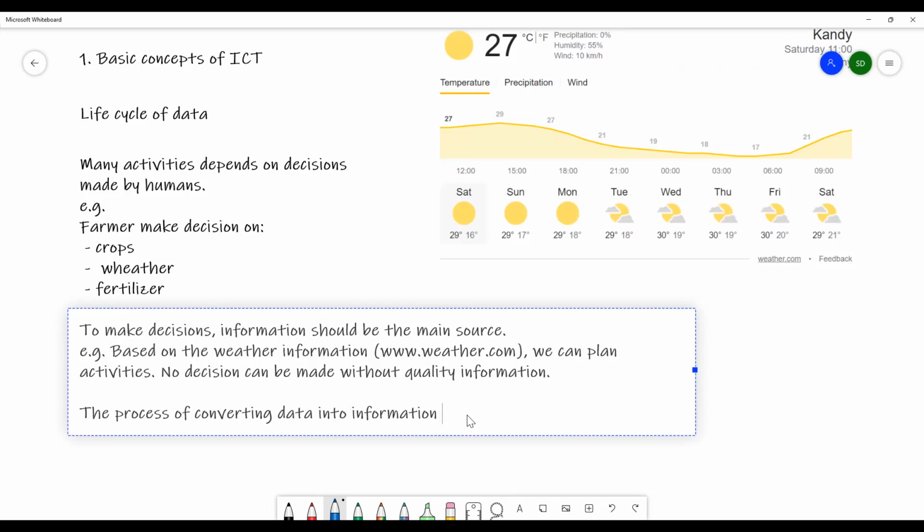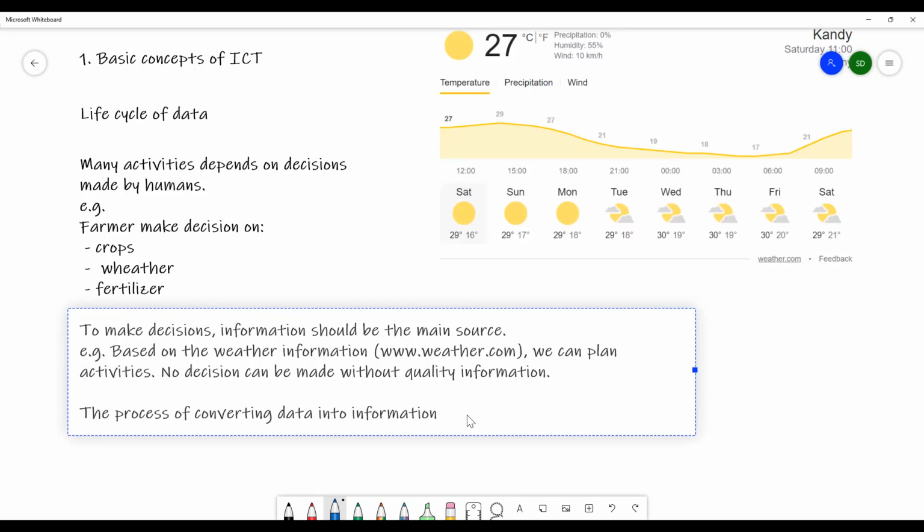But if you say tomorrow's weather, that will be information. So data as it is are useless, we say, but information is useful. If you say wind direction is towards north, it's nothing to me. But if you say that tomorrow is a rainy day, that is very important for me. So usually information is useful.